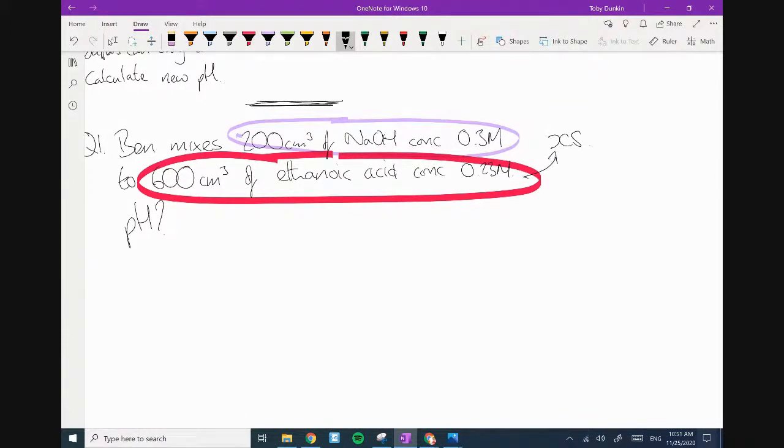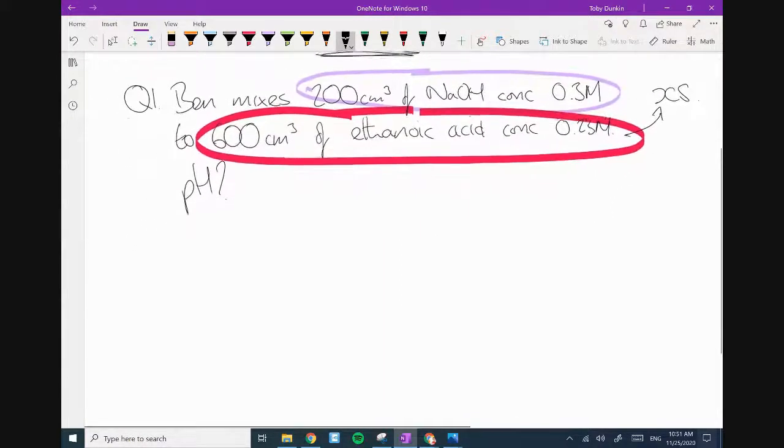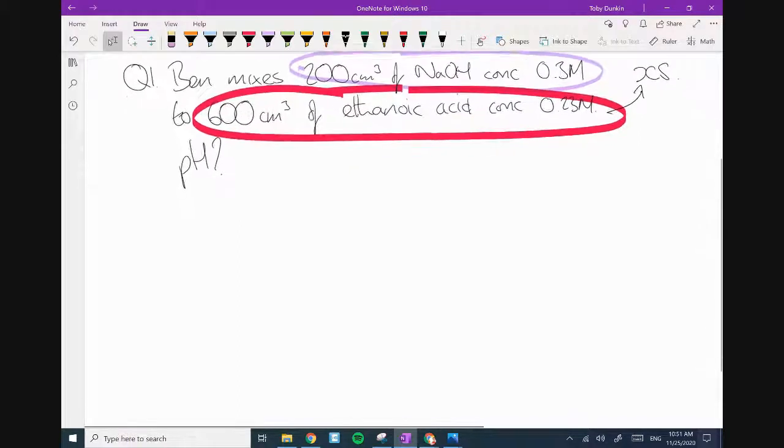What that means is this is going to be a buffer. We recognize that this is method 2 for making one. We talked about the two methods: one where you just add the salt, and the other where you do a neutralization first.